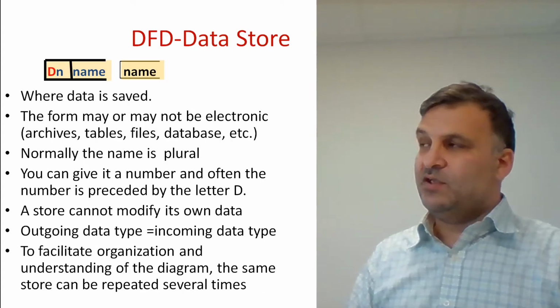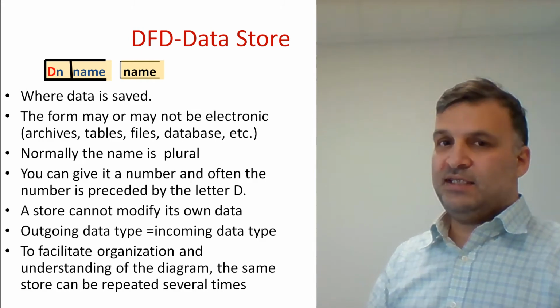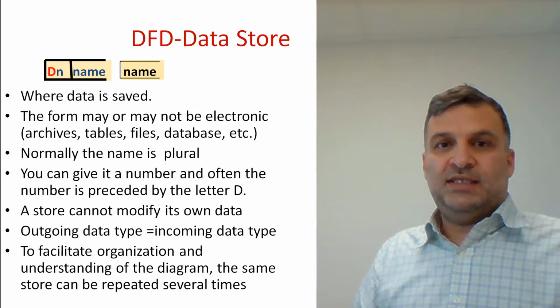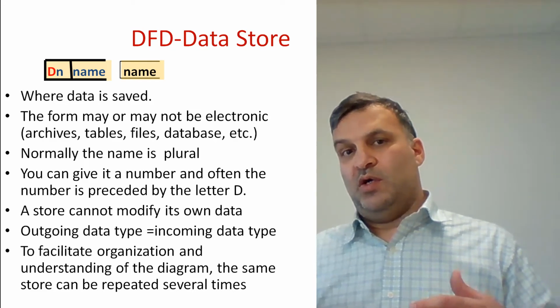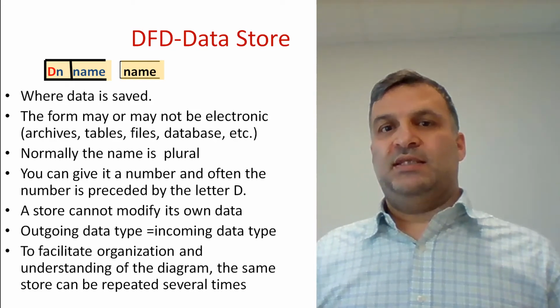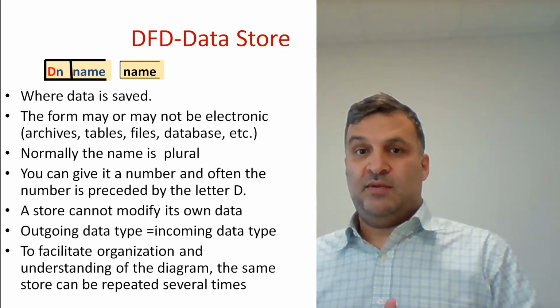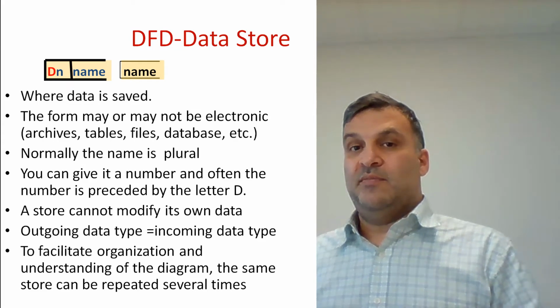The second element of data flow diagrams is a data store. What is a data store? It is a store of data in the system. For example, if we are in a school, we know that we have somewhere a store for the names of students, for the names of the professors, for the marks of students.